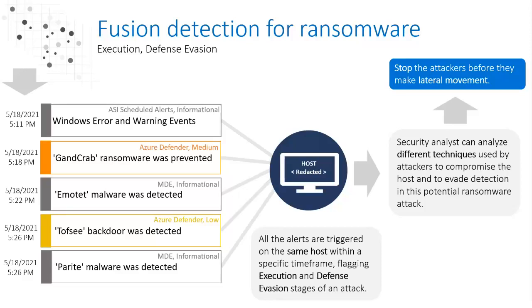So we still recommend you check your machine to see if there are any signs of infection, because again, the attackers may continue malicious activities after ransomware was prevented. Also, it is important that you investigate the entire network to understand the intrusion and identify other machines that might be impacted by this attack.